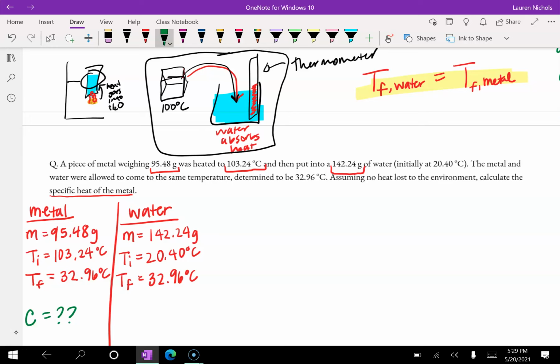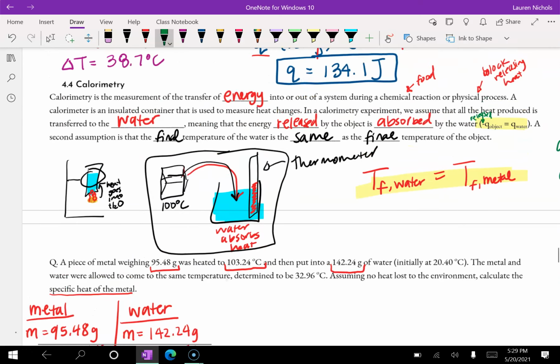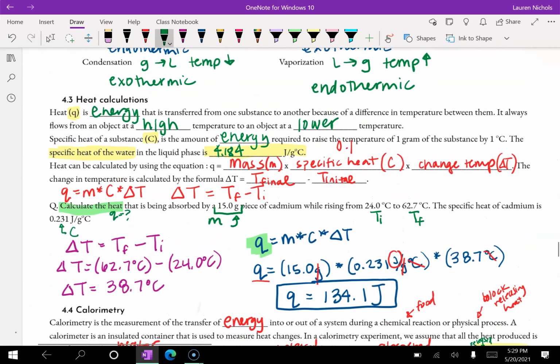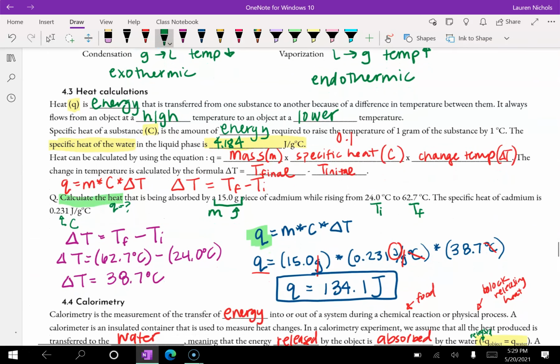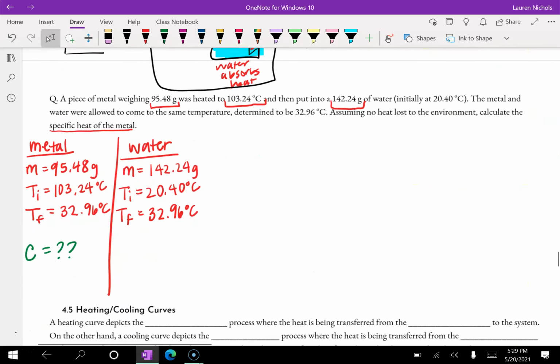They didn't tell you the specific heat of water because remember up here, we talked about how you had to have that memorized, how the specific heat of water is 4.184. So that's something we expect you to remember. So the specific heat of water is 4.184 joules per gram degrees Celsius. That's just what it always is, no matter what type of problem you're doing.